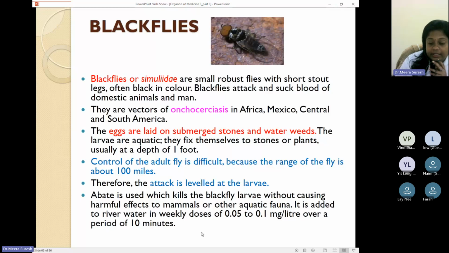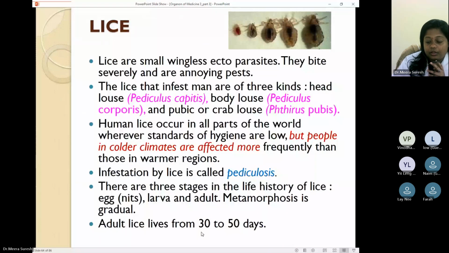But once they become adults, they are able to fly even 100 miles. So it is not possible to control them once they have become adults. So better to control it at the water body level itself, when they are just larvae or even the egg stage.